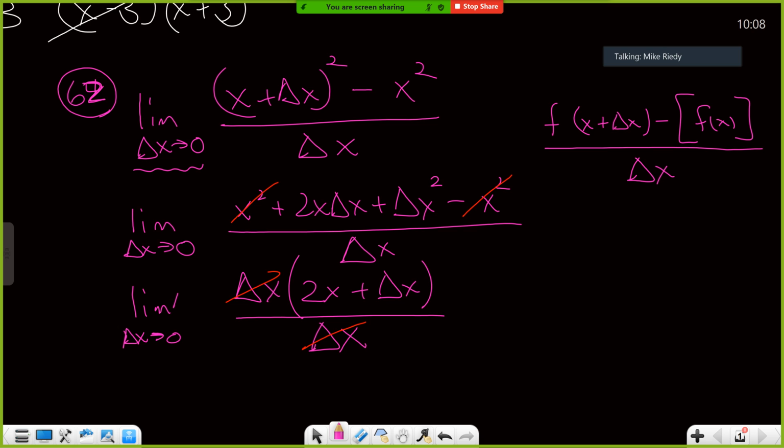So now, what's the limit of this as delta x goes to 0? 2x. And we're done. So at the very end, I'm taking that limit, plugging 0 in for delta x, and I get my value.